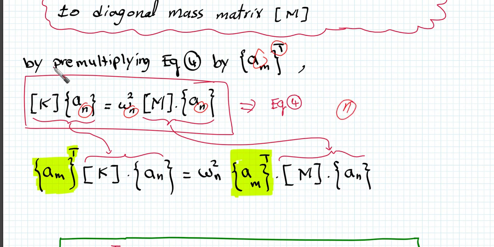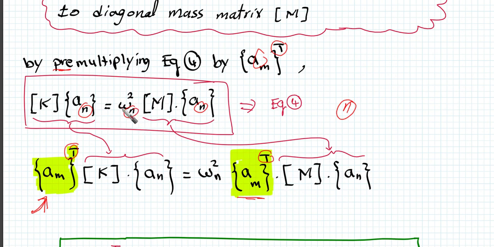So we're going to pre-multiply, putting the mode shape vector of the mth mode transposed on both sides. We didn't do anything, just keep the left hand side term as it is and multiply by the transpose vector AM, and make the same on the right hand side, the same vector transpose multiplied by M and AN.